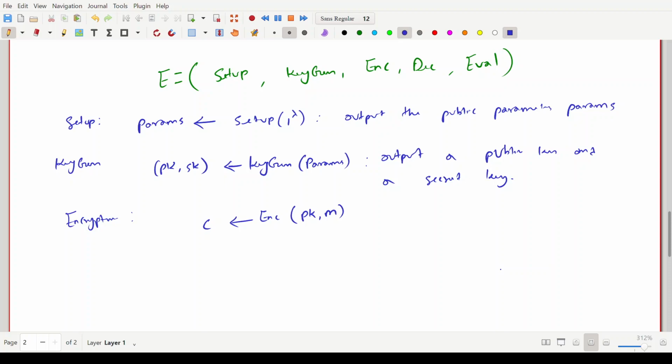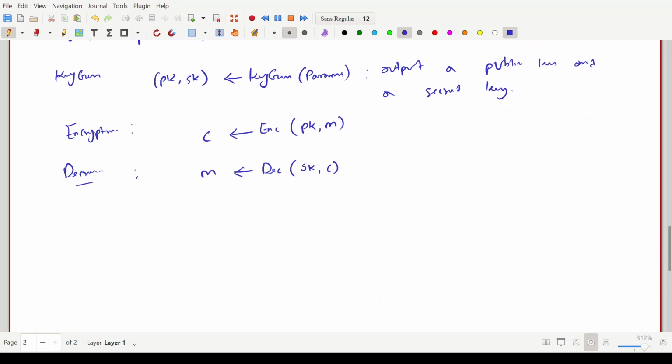Mostly here we take a bit, that is 0 or 1. Next, decryption: you give your secret key and C. By using your secret key, you decrypt your ciphertext and get back your plain text message M.